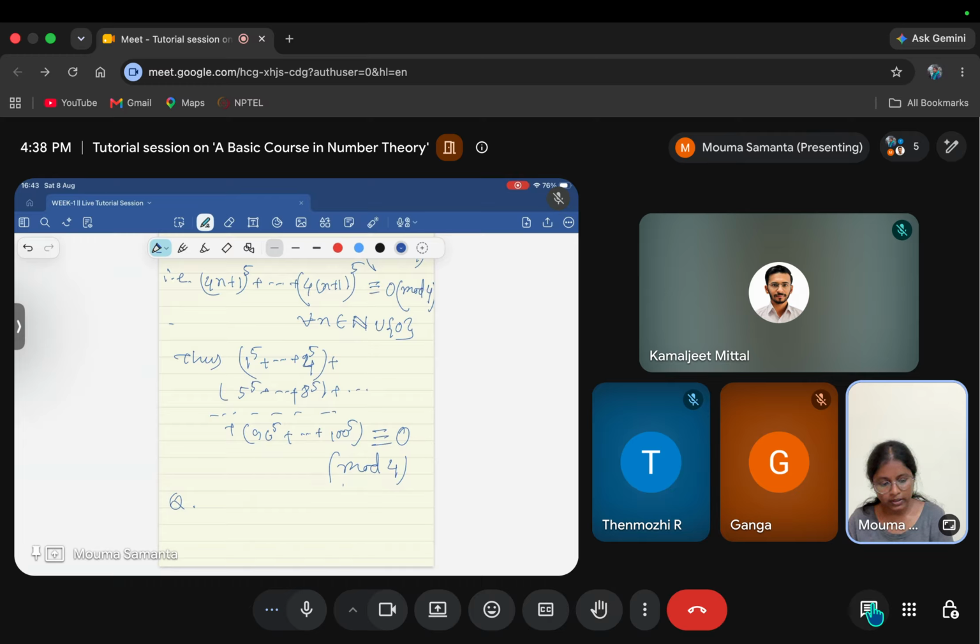So you just tell me. Prove that 53 power 103 plus 103 power 53 is divisible by 39. So can you tell me this proof?